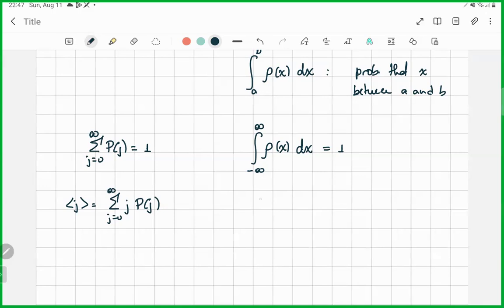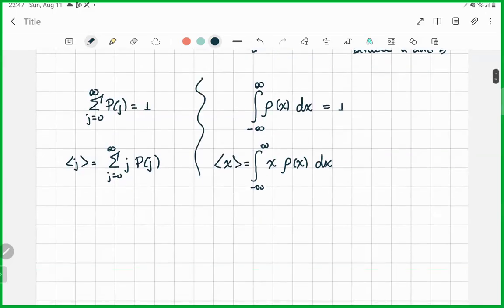What is going to be the equivalent now for continuous variables? Instead of a sum, we have an integral of x weighted by this probability density, right? From minus infinity to infinity, and we'll be using the same notation like this to denote the mean.